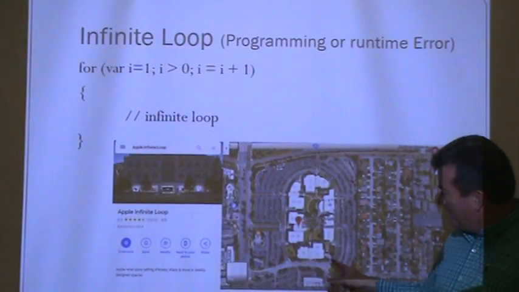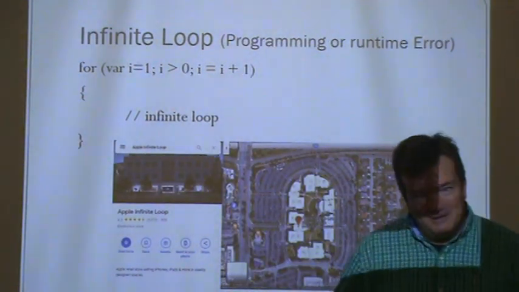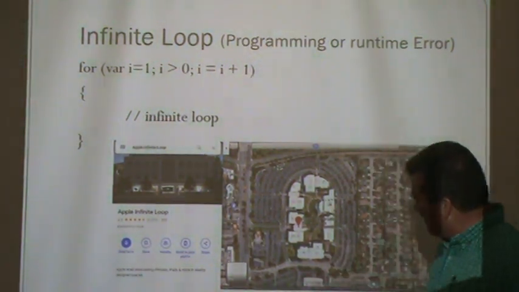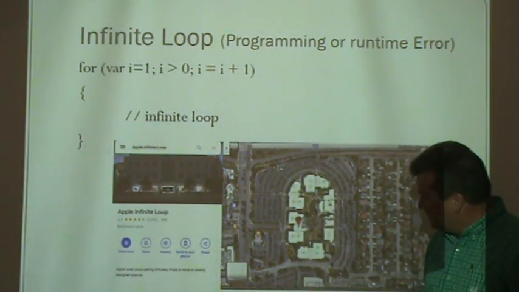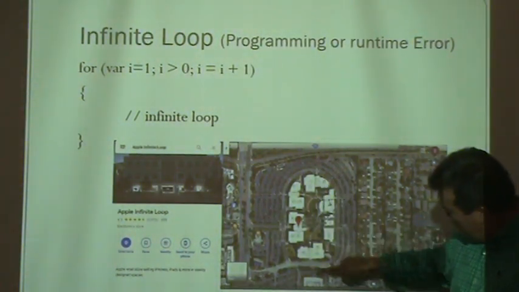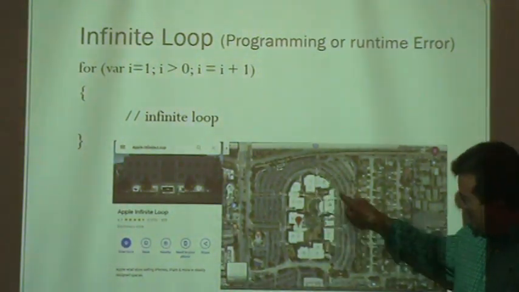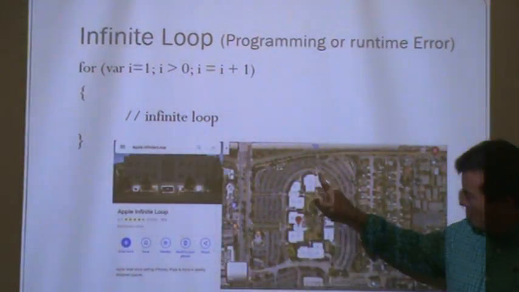So for example, Apple computers, where are they located again? Cupertino. Cupertino, okay. So out in Northern California, their headquarters has a road that goes around it, and there's parking all around the road. And the name of this road, they asked the town if they could rename the road Infinite Loop.